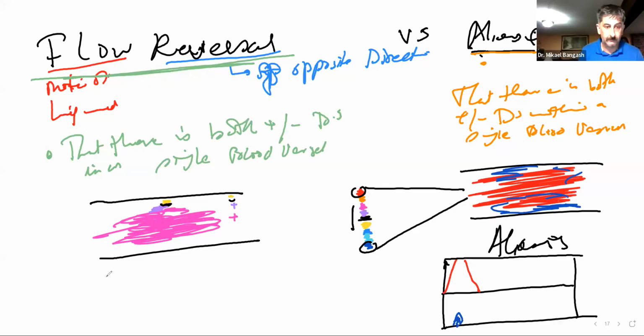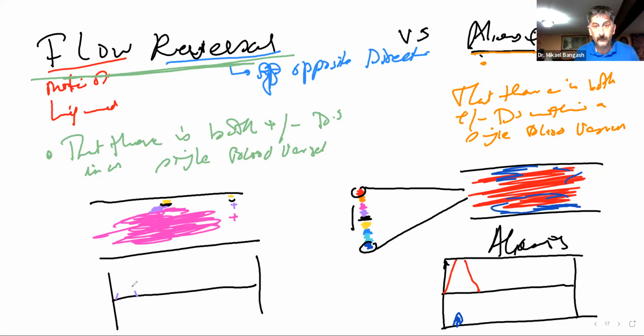Now you may then say, how is flow reversal going to look on a spectrum? Let's say, ladies, we had a positive Doppler shift, as we had here. Now we want to be a little bit creative. This was all low positive Doppler shift.